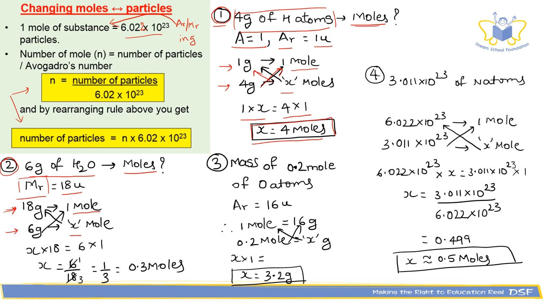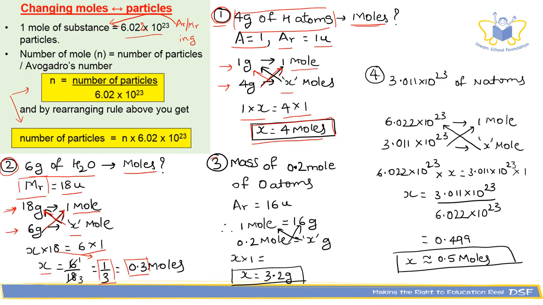So cross multiply, and you're going to get X into 18 is equal to 6 into 1. So keep X as it is and bring down 18, and you will get X is equal to 6 by 18, which is nothing but 1 by 3, which will give you 0.3 moles. So 6 grams of water molecules is nothing but 0.3 moles of water molecules.